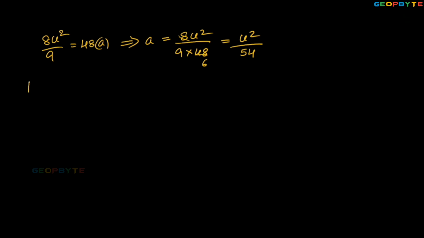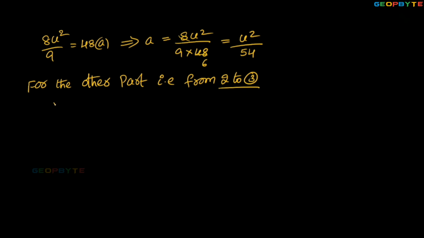For the other part, that is from 2 to 3, the final velocity v equals 0 and the initial velocity equals u by 3.